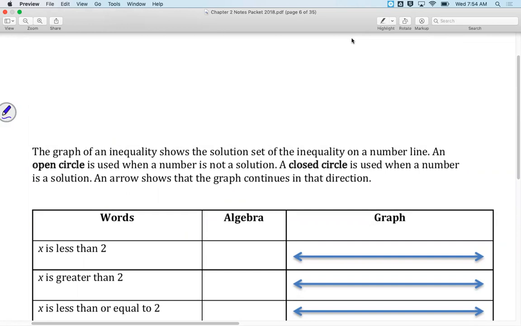So we have, let's see, how do I want to do this? We have this symbol and this symbol, right? So we have those two symbols, and then we have these two symbols. These two symbols are open circles.